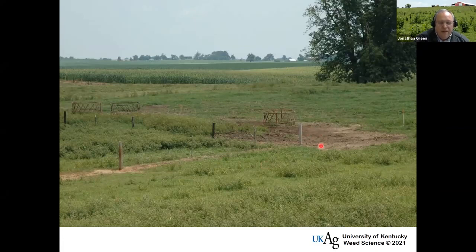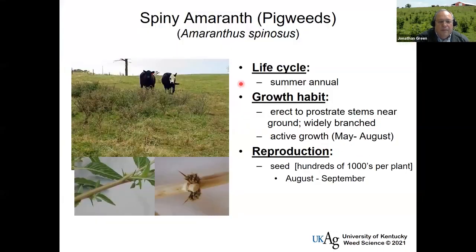Now they'll self-thin themselves to a certain extent, but the problem with spiny amaranth or the pigweeds, they're prolific seed producers, much more so than cocklebur and ragweed. So you have hundreds of thousands of seed, and a lot of those seed are being produced down here where the spines are. It's another summer annual. Growth period is basically the same as the cocklebur and the ragweed.